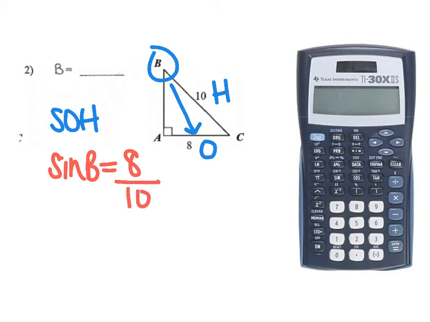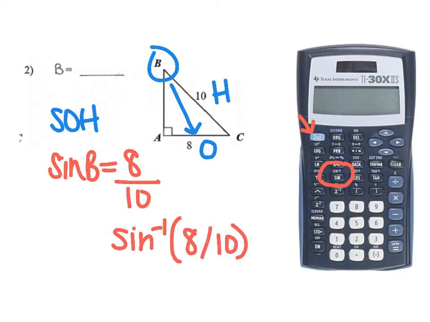Again, to get rid of the sine, I'm going to hit the second and the sine button. If you look above the sine button, it looks like sine with a -1. And then put in 8, divide by 10. So hit second sine, 8 divided by 10 equals, again in the calculator you don't have to close this parenthesis.